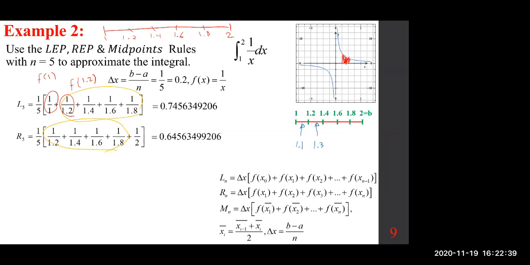And of course, you have to calculate each one. We call it M sub 5. And by the way, that's a better approximation than the other two. So I wanted to show you with details because midpoint is sort of new. We did the left and right endpoints in previous pages. But for the midpoint, we are using 1.1, 1.3, f of those.